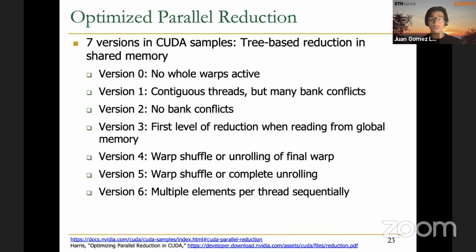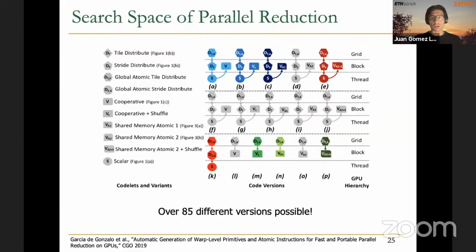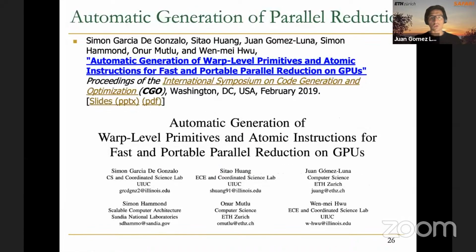Remember that I mentioned 4 different versions of the parallel reduction that you can find in the CUDA samples, and that we could implement some of these versions using atomic operations, and some of them can produce pretty nice results. We even studied this in one of our recent papers, different implementations of reduction using global and shared memory atomics, shuffle instructions, and so on.